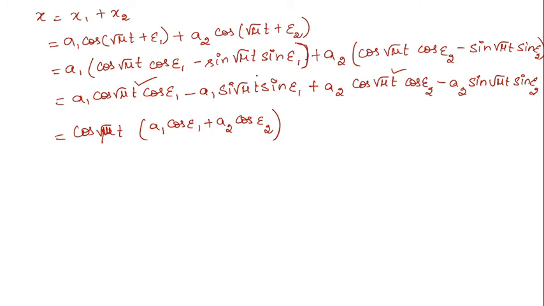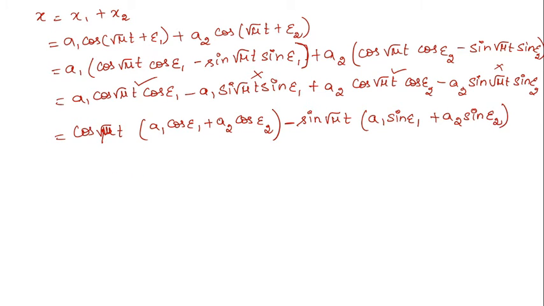Similarly, in the other two terms, sin root mu t is common and the negative is also common, so we can take that outside. So minus sin root mu t, the remaining term A1 sin epsilon 1 plus A2 sin epsilon 2.